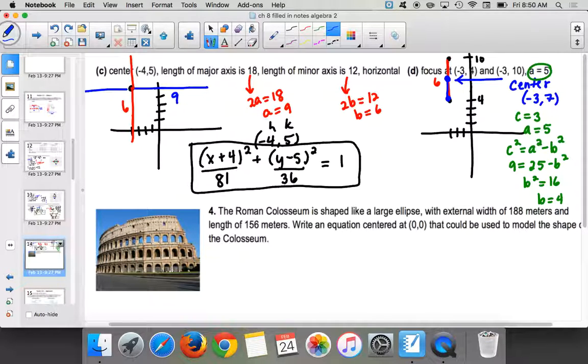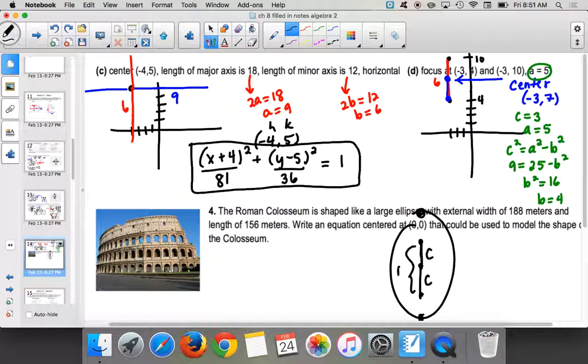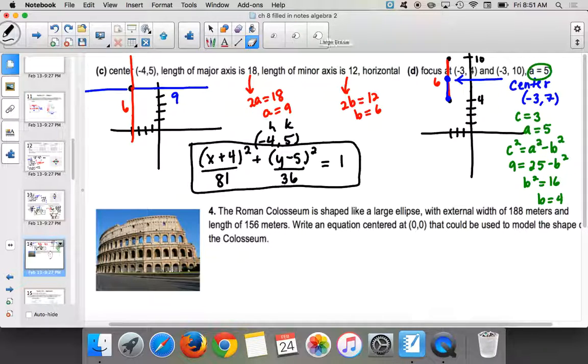And that's going to separate your 2 focus points. And remember, it's always going to be like you have your vertex, your focus, the center, the focus, the vertex. So this is our c. So this together makes 2c, and it was a total of 6. So it had to be 3 and 3. So then from that center, you go up 3. Does this make sense, guys? You get it? Okay.